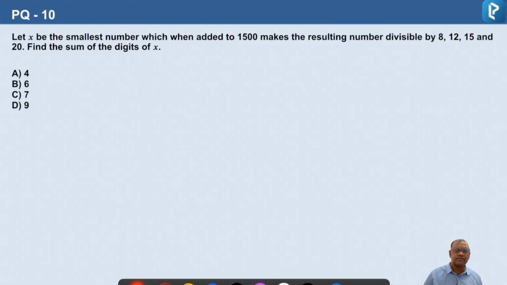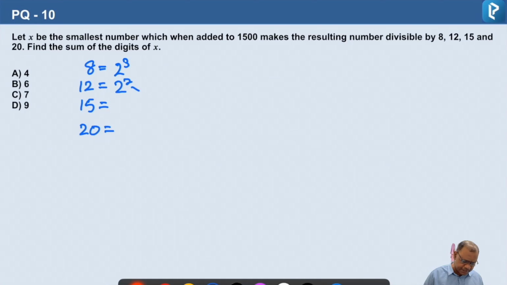Question number 10. Let x be the smallest number which, when added to 1500, makes the resulting number divisible by 8, 12, 15 and 20. Find the sum of the digits of x. Similar question, we should find the LCM of these four numbers: 8, 12, 15 and 20. So what is the prime factorization? 2 cube.